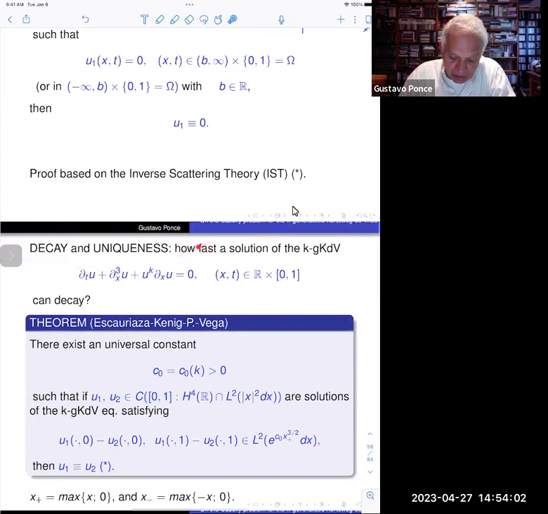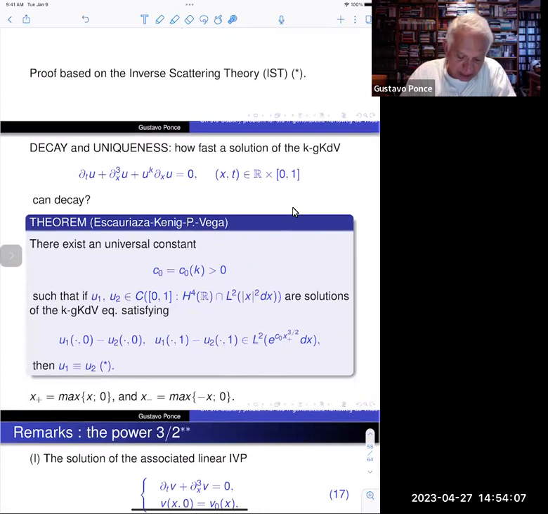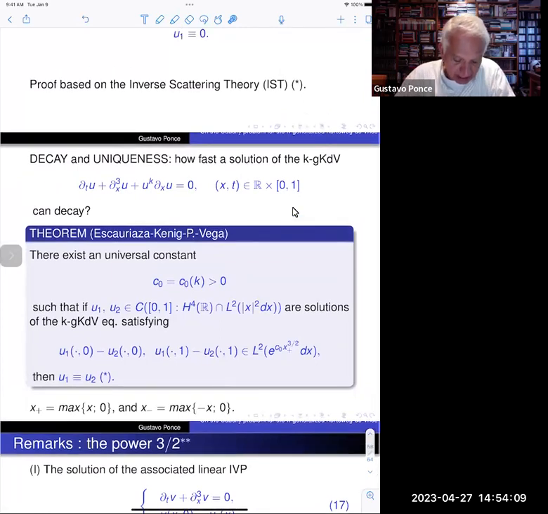How fast can a solution of the KdV decay? Well, that is not a very precise question, but this is a possible answer. There exists a constant that depends on this k here, such that if you have two solutions in the good space, and these two solutions at time 0 and at time 1 belong to L2 with this weight, they are equal.